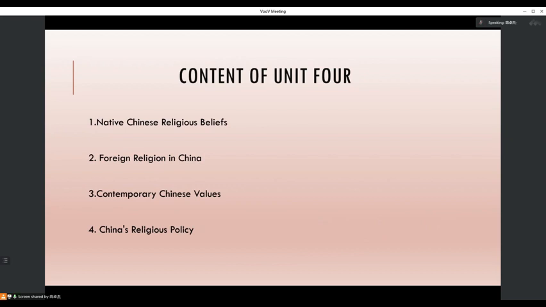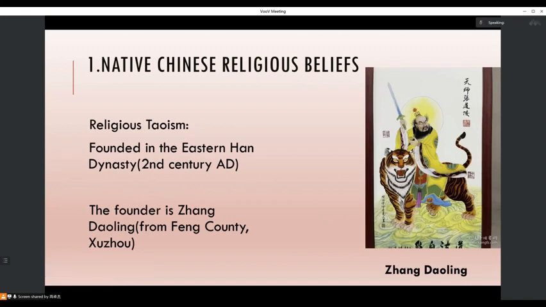The 4th is China's religious policy. Let's start with the first topic, native Chinese religious beliefs. Religion.